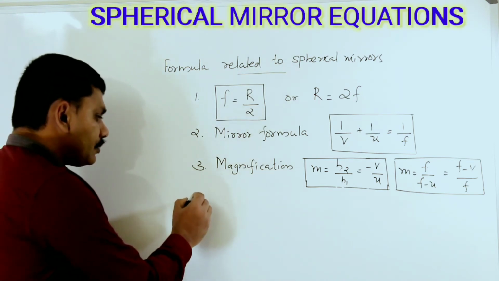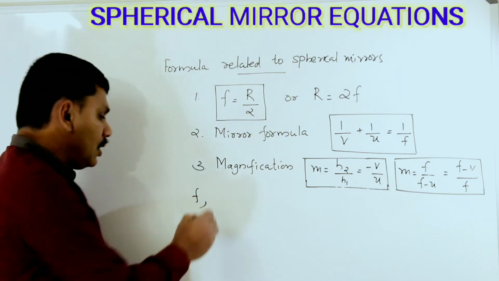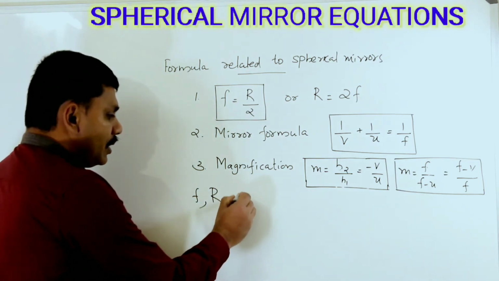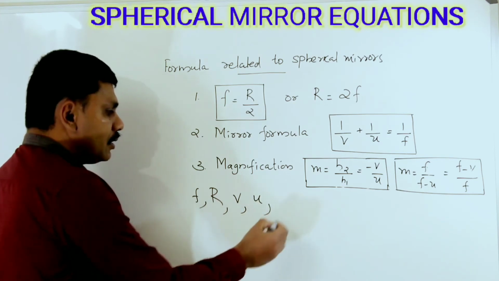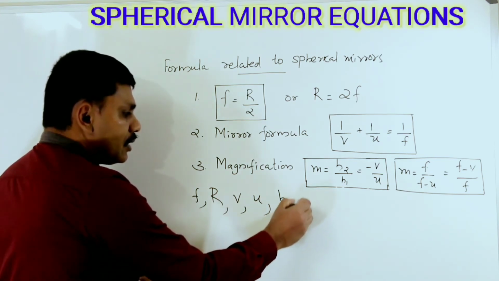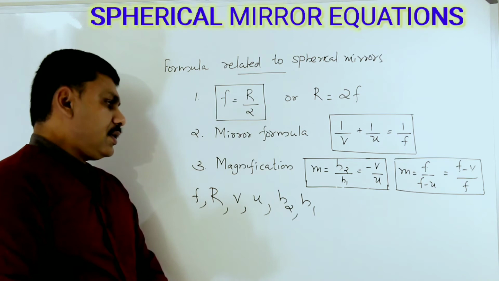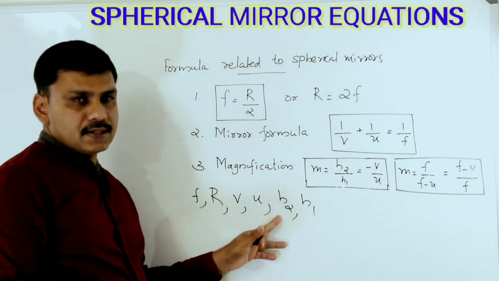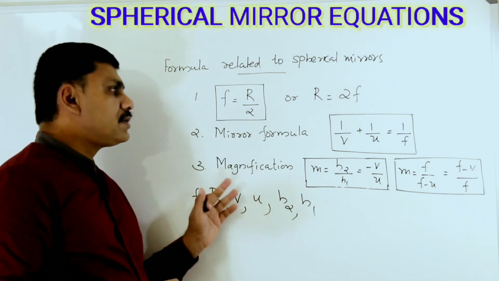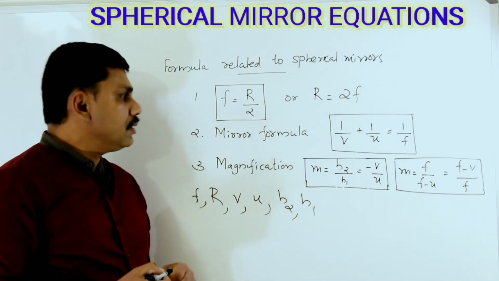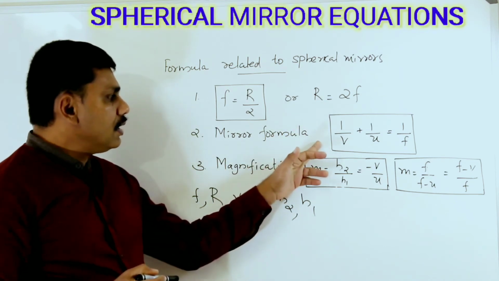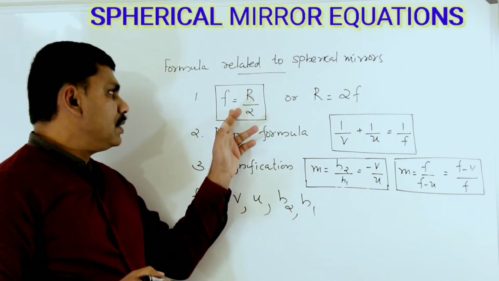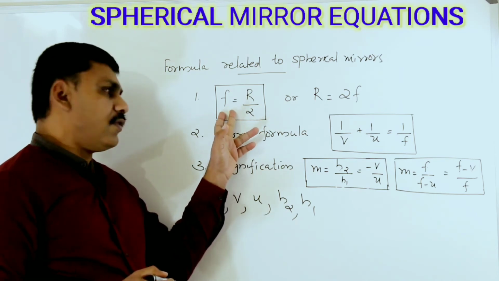These are the main variables, and by connecting them we form these equations. So the important ones are the mirror formula, the magnification, and the relationship between radius of curvature and focal length.